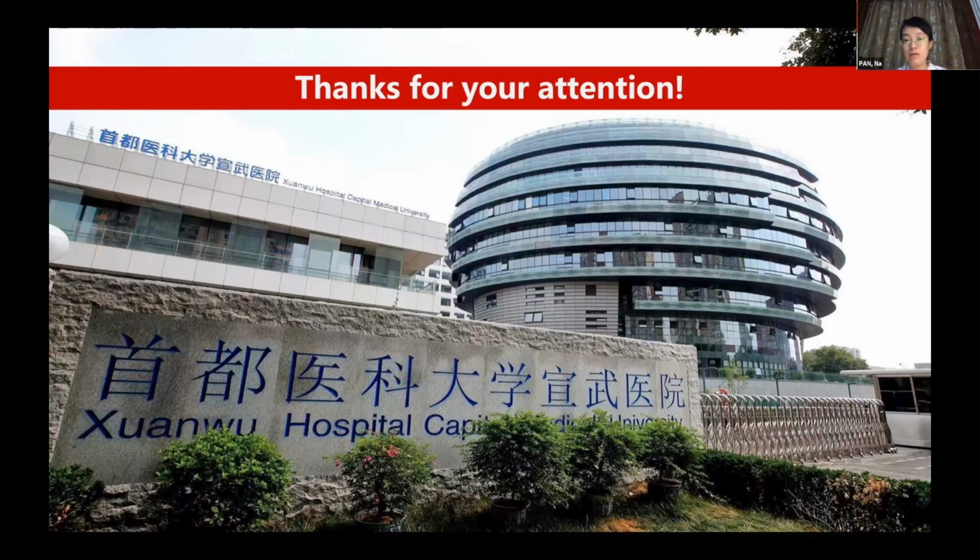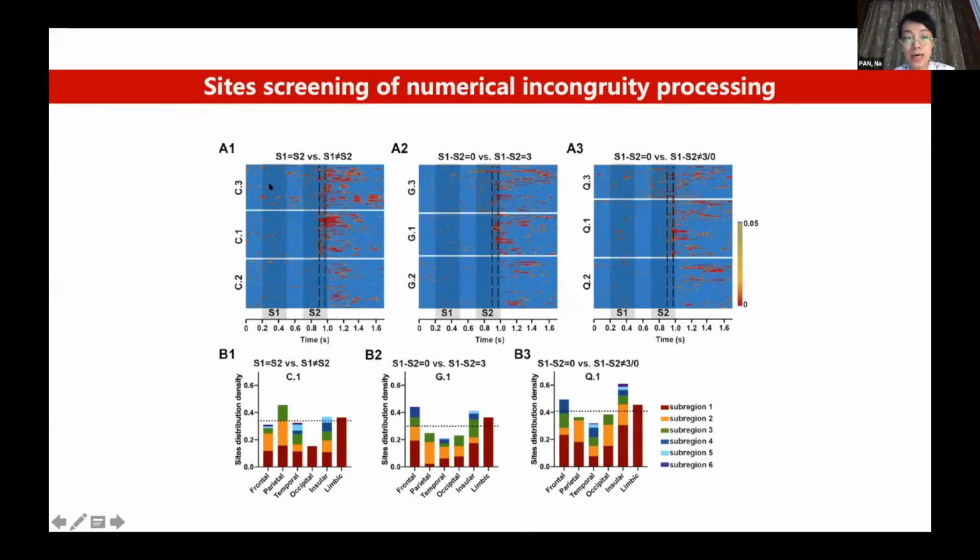You can see in figure A1, they are only in the same task. We compared the two situations, and we can see this cluster 3. We can see the difference occurred very early.